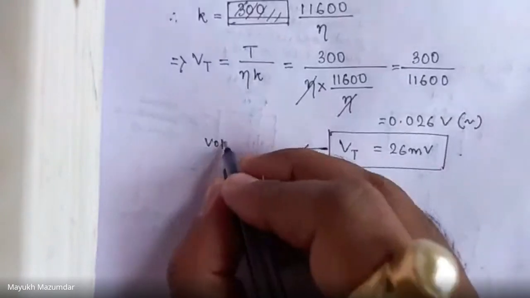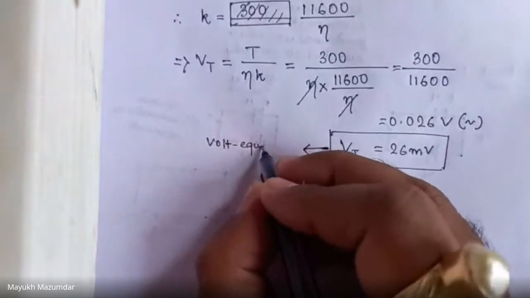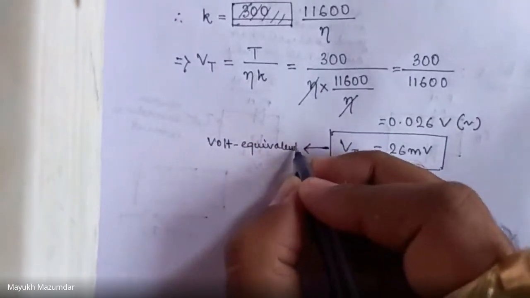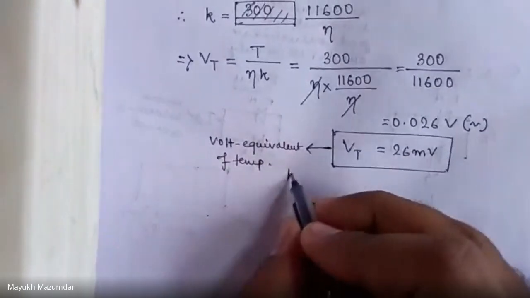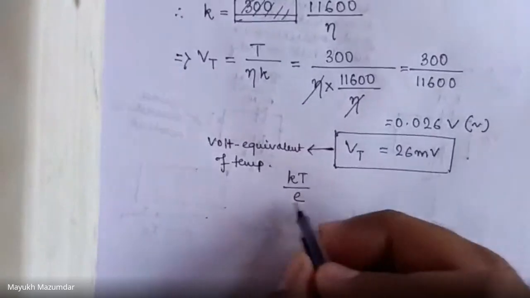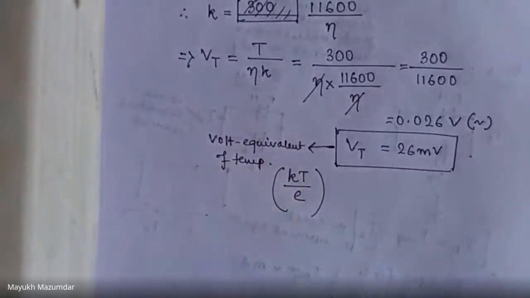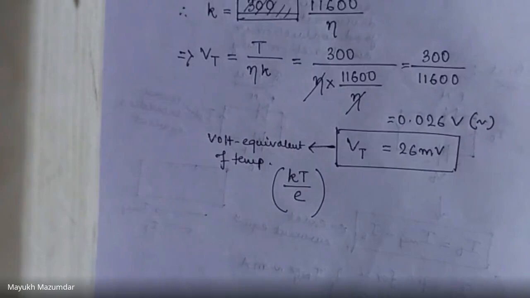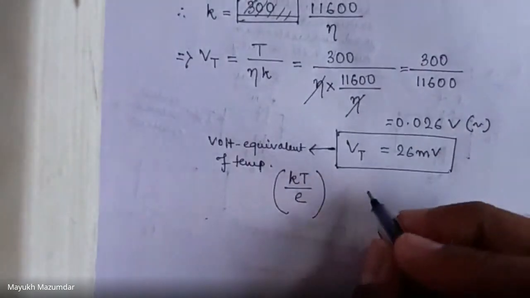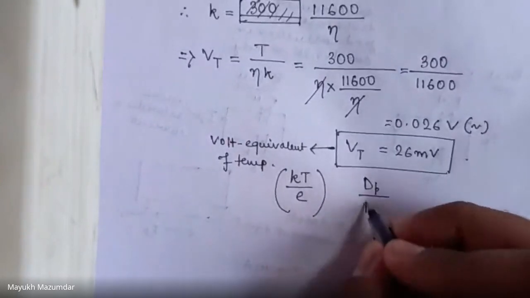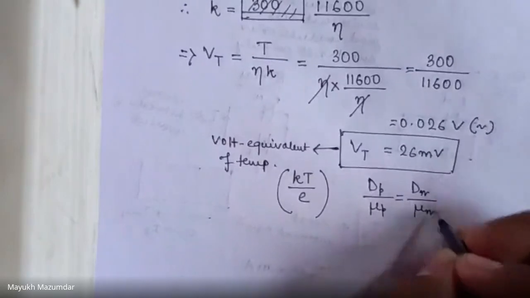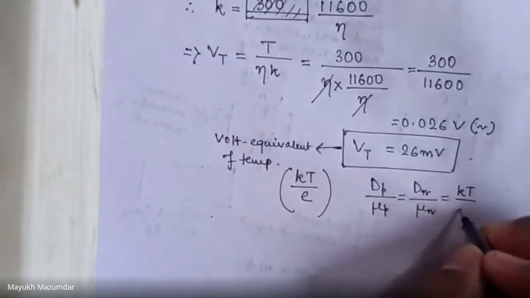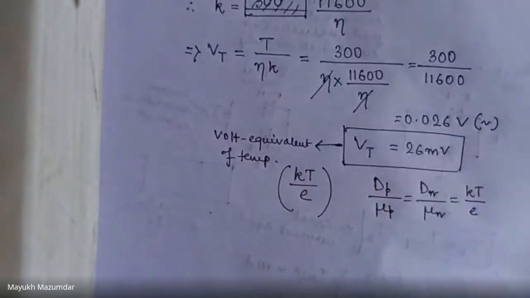It is the volt equivalent of temperature, kT by e. That was Einstein's relationship, dP by mu P or dN by mu N, whatever. That is equal to this thing. Now remember this.